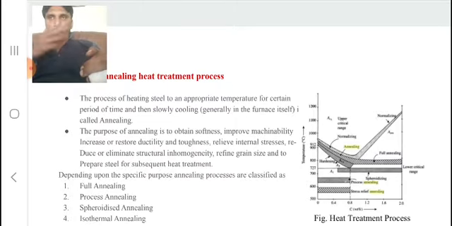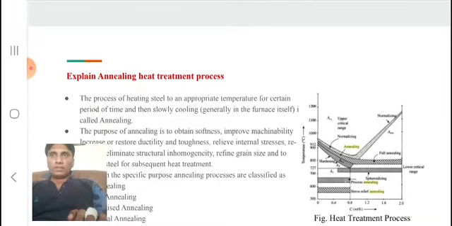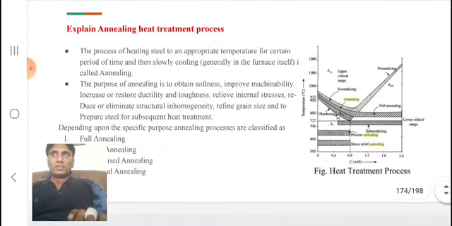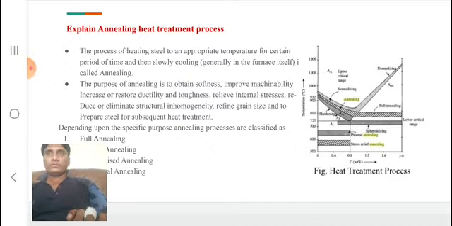So now, we will be discussing what annealing is. The process of heating steel to an appropriate temperature for a certain period of time and then slowly cooling in the furnace itself is called annealing.